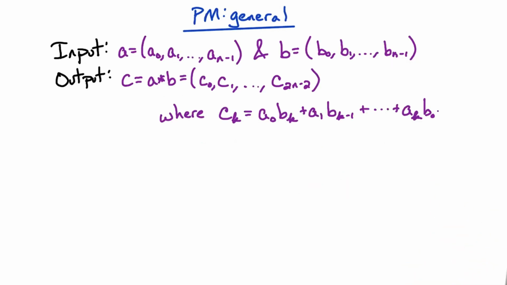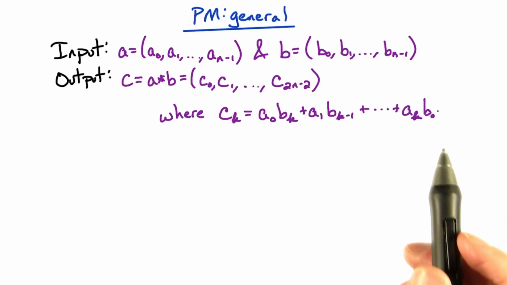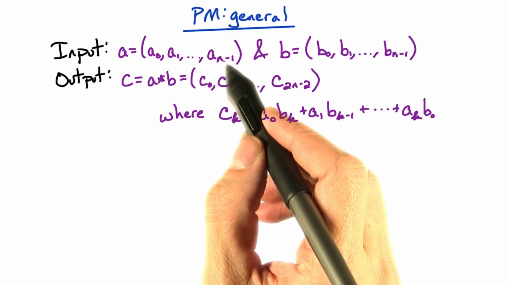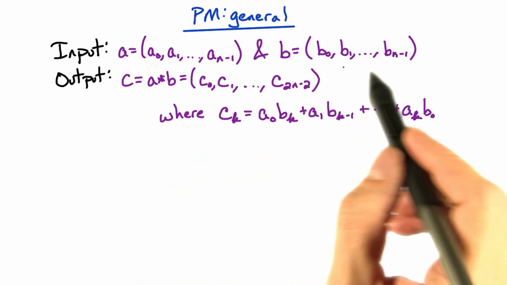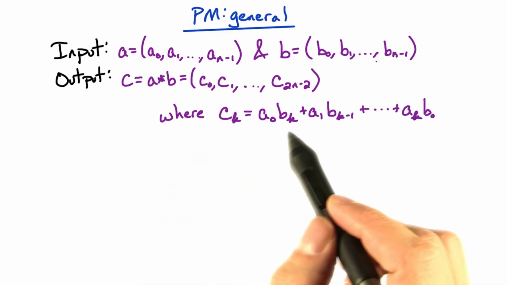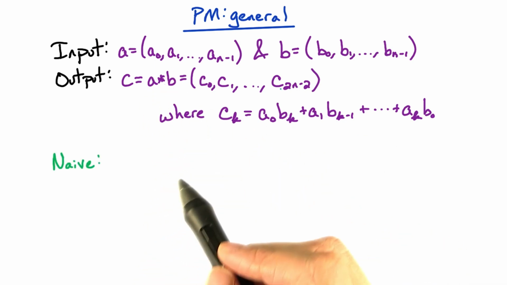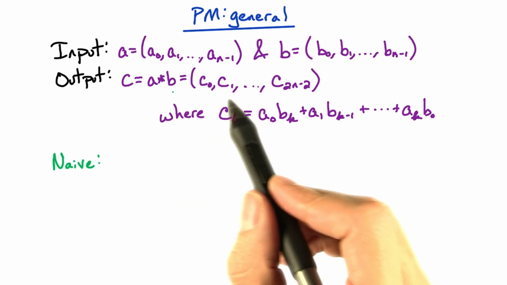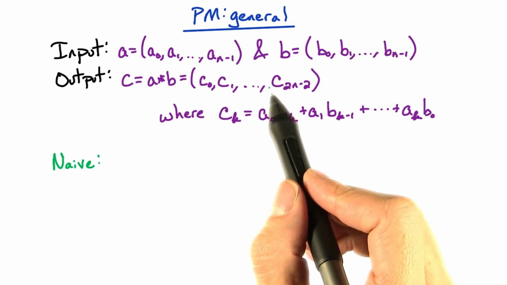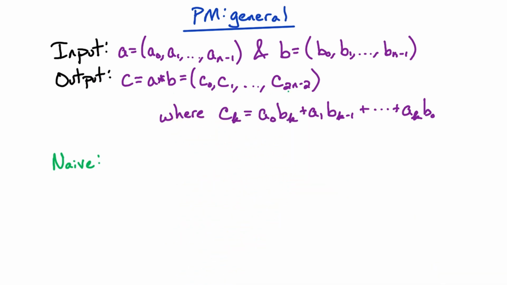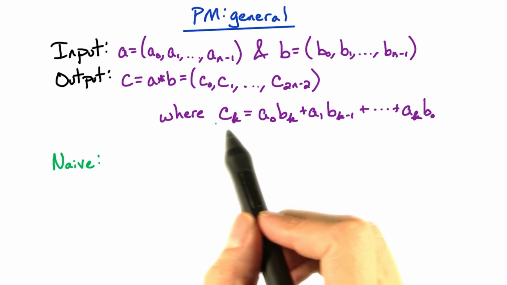Once again, the general computational problem that we're considering is, given this vector of coefficients for a of x, and this vector of coefficients defining b of x, we want to compute their convolution, c. Now a simple algorithm for computing this convolution is going to compute each of these coefficients in turn. Now there are order n coefficients. How long does it take to compute each coefficient?